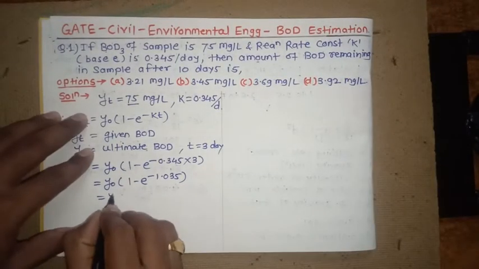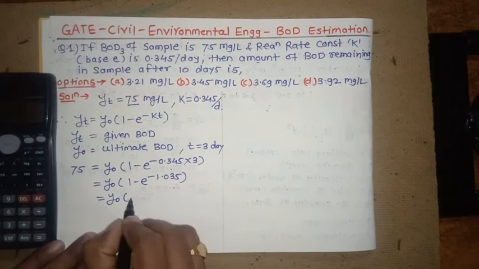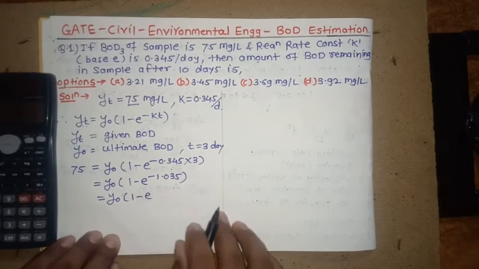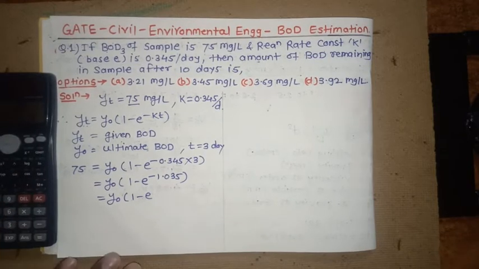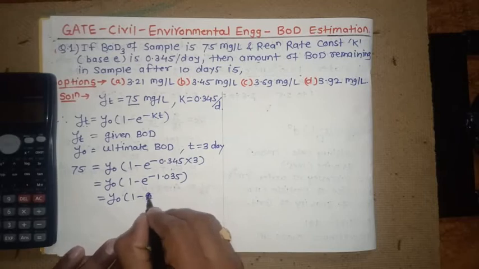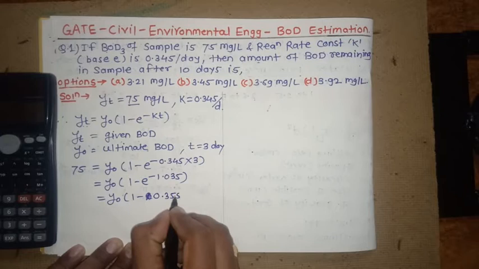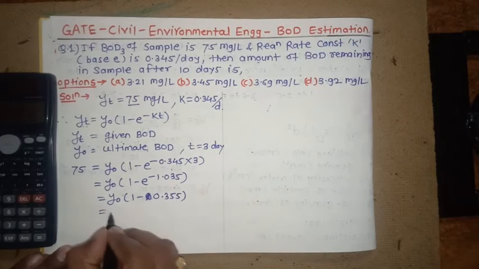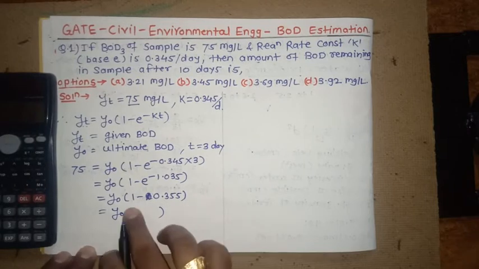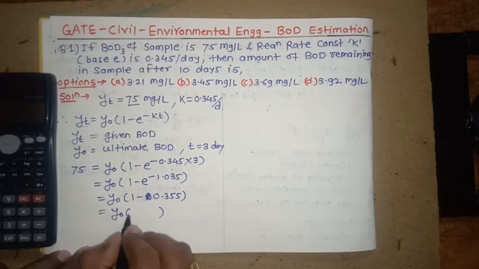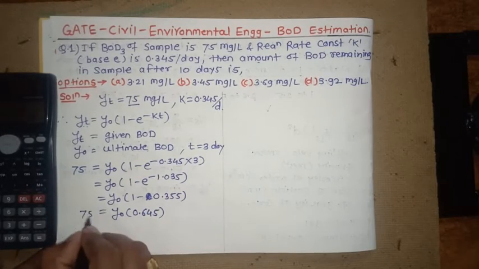Okay, so Y naught times 1 minus e raised to, we have already calculated, so 1 minus 0.355. So Y naught into, after 1 minus this value, we have 0.645, here 75 as it is.